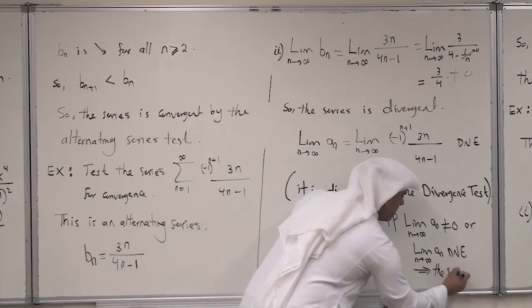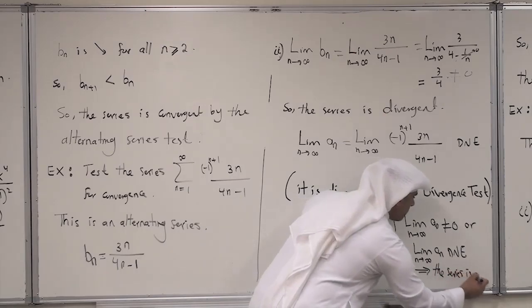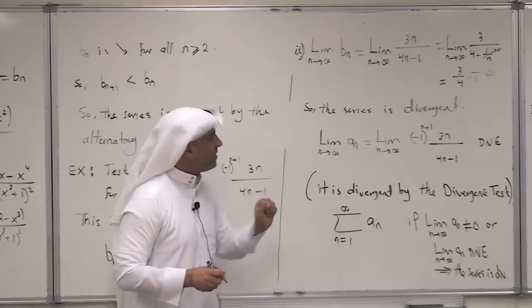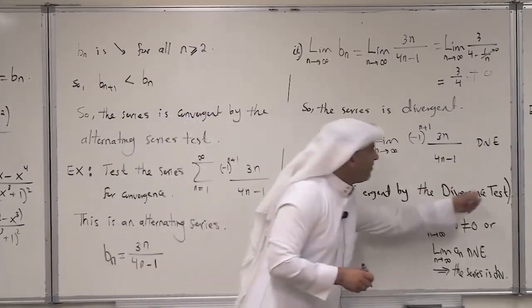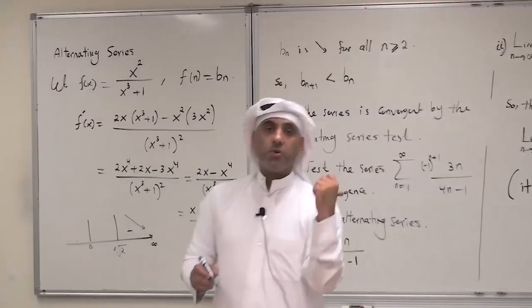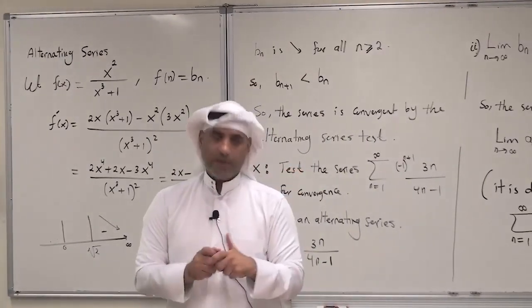That is what we call the nth term test of divergence, or simply the divergence test. So we use the divergence test here to conclude that the series is divergent.